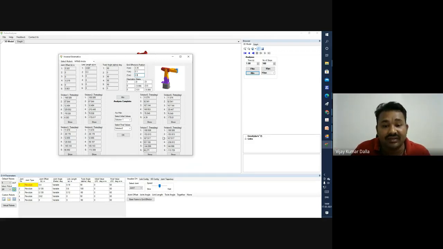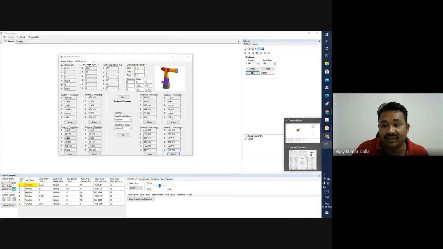Now, suppose we want to visualize solution 8, means the joint variables are these. Okay, now after clicking, so what is happening here?